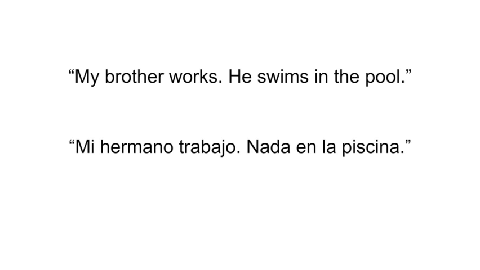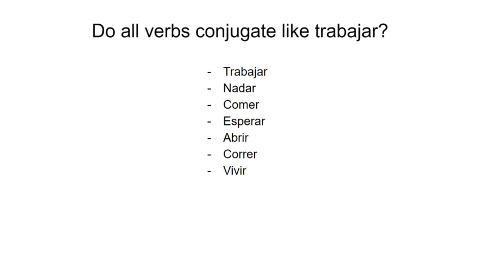So now hopefully your only question left to ask is, do all verbs conjugate the same way? The answer is that while all other verbs ending in AR conjugate the same way, other verbs don't. There are 3 types of verbs in Spanish. AR verbs, which you can see these 3 here, trabajar, nadar, and esperar.